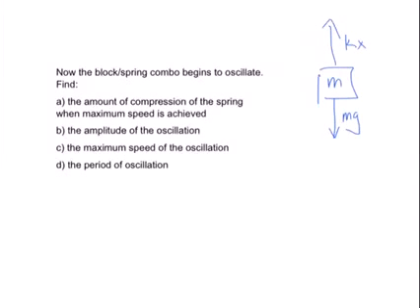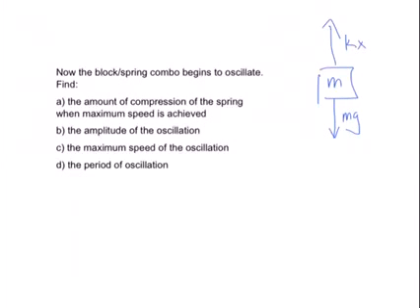These two forces, whichever one of these is greater, will determine the direction of the acceleration of the object. But when they are equal, that's when we're in equilibrium. Equilibrium is no net force on the object. So these two forces must be equal for that to happen. When we look at part A, we want the compression of the spring when maximum speed is achieved. If we remember, max speed happens at equilibrium.